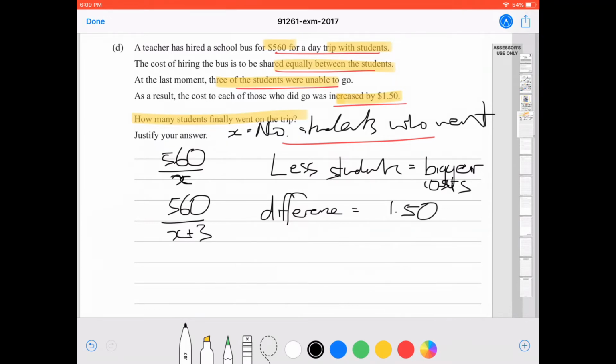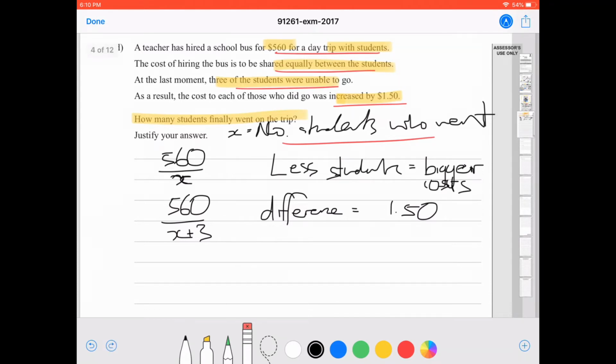And so what is the difference? Well, the difference is bigger cost minus smaller cost. And so less students was the bigger cost. Which one was the bigger? 560 over x or 560 over x plus 3? Less students is the bigger cost, so 560 over x.